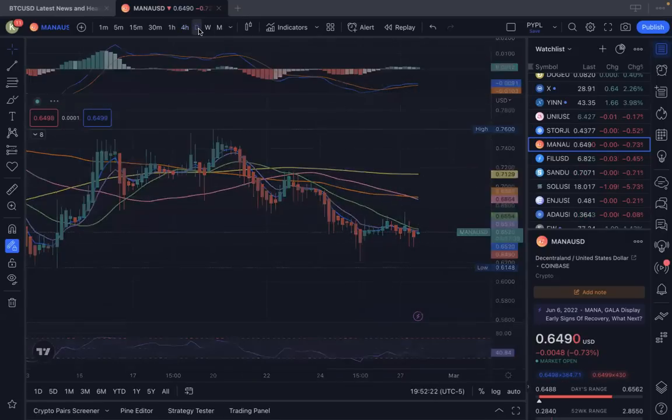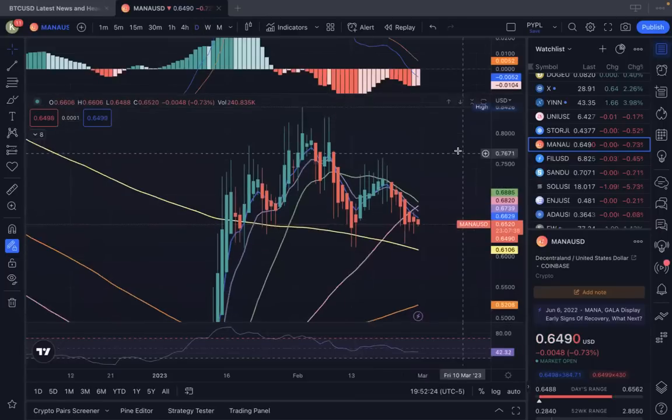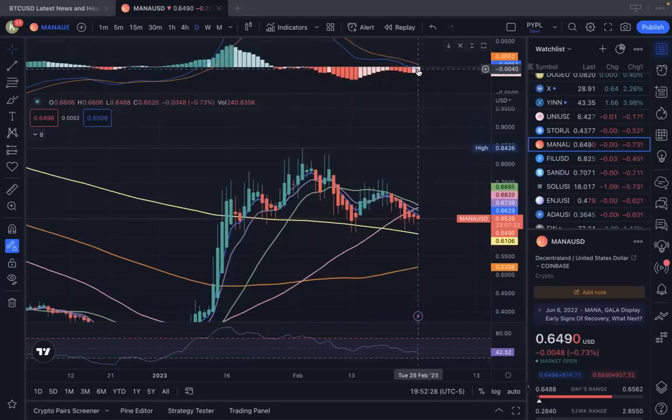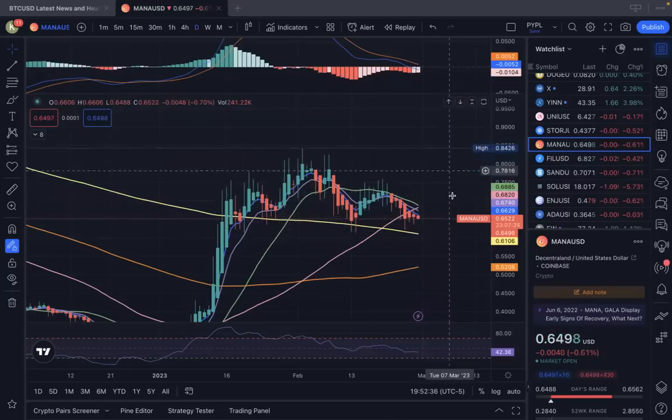If I was to zoom to a bigger time frame, let's see how it's going. It's getting lighter, as if it's getting ready to go upward. Go upward, right?